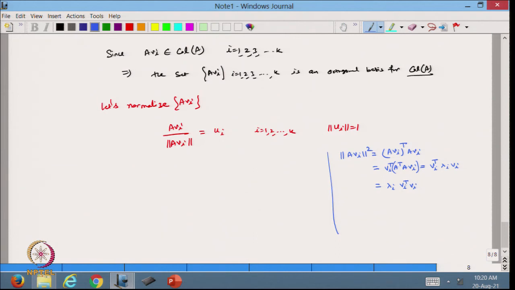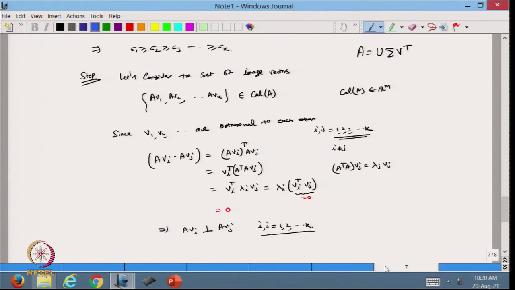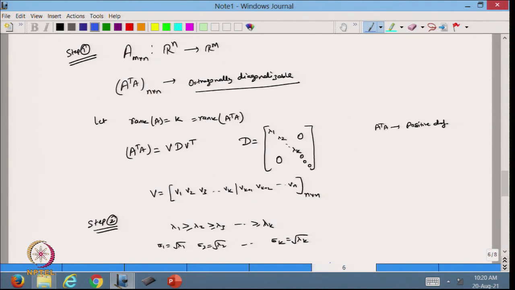Now, Vi are orthonormal vectors, because we have seen that the matrix V is an orthogonal matrix, and each Vi is from an orthonormal set.